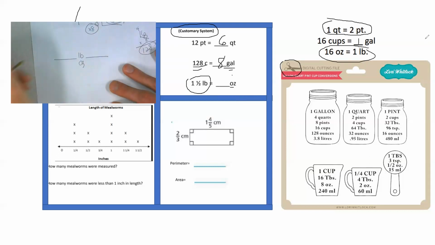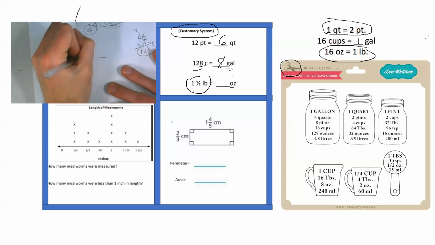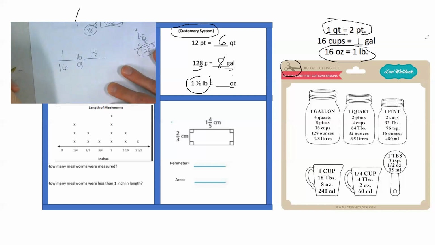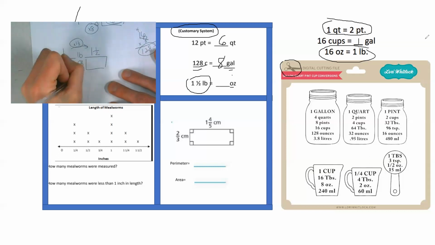And then I know that 1 pound is equal to 16 ounces. Over here, I know I have 1.5. I need to figure out how many ounces that is. Well, how do I go from 1 to 1.5? I multiply by 1.5. I do it here, I do it down here.